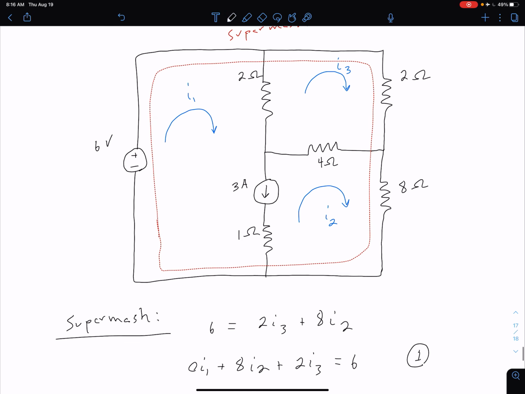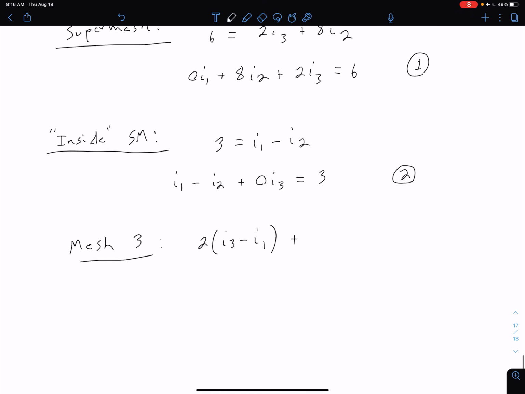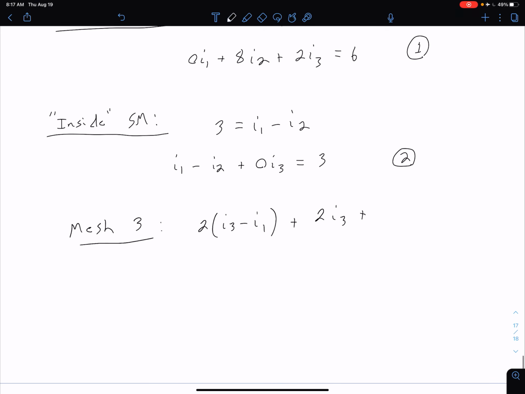Coming back up here to the circuit, the next resistor is going to be this 2 ohm on the perimeter, and that's just going to be 2I3. So plus 2 times I3. And then finally we have this shared 4 ohm resistor where we have I3 in one direction and I2 in the opposite direction. So we're going to have I3 minus I2. So this is going to be 4 because we have a 4 ohm resistor, I3 minus I2, and we set that equal to 0.